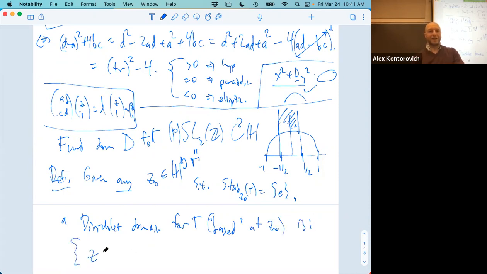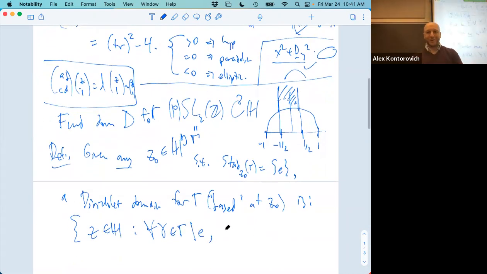It's the set of all Z in the upper half plane, so that for all gamma in gamma, but not the identity element, the distance, now we have to talk about distance, so I'm a little ahead of myself. The distance between Z and Z0.